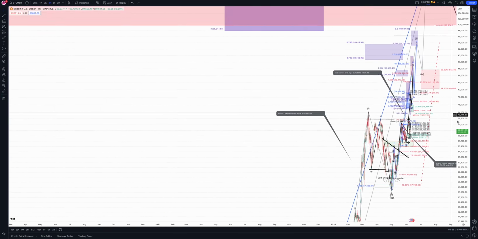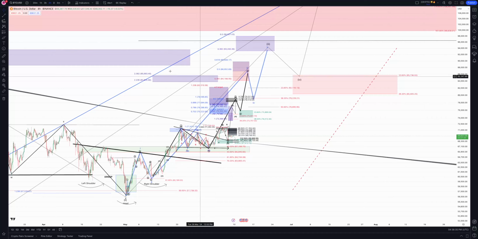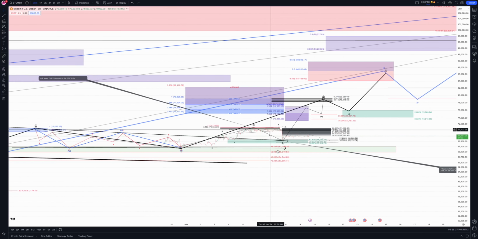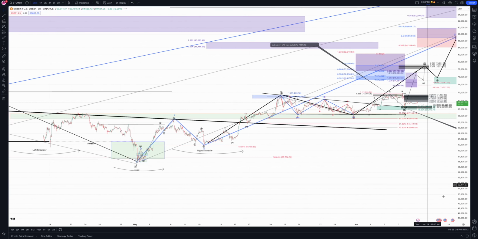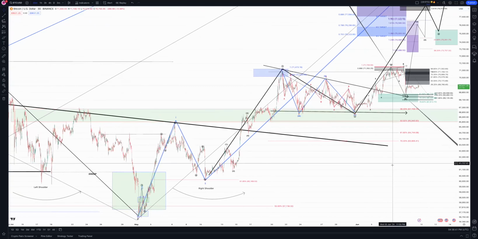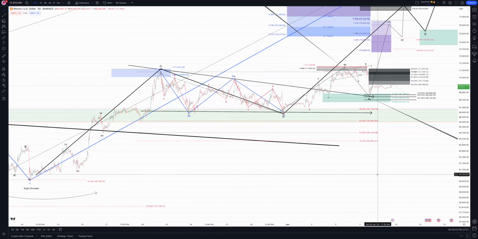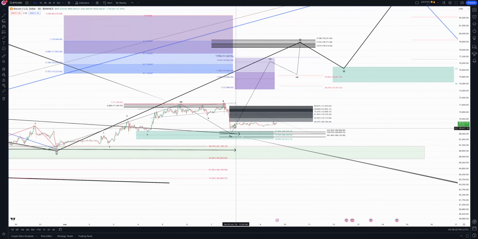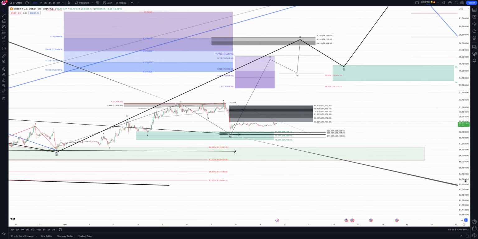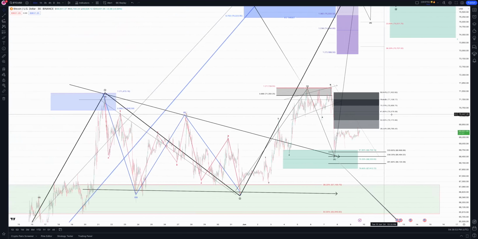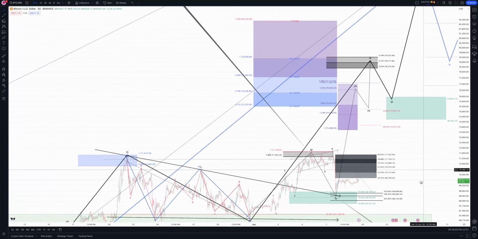And yeah, these are all the subwaves over here. And this move over here just looked like a flush of all the over leveraged longs before we can have a healthy move to the upside.